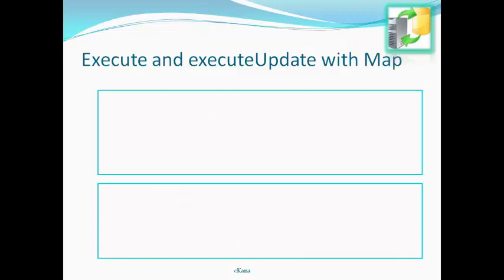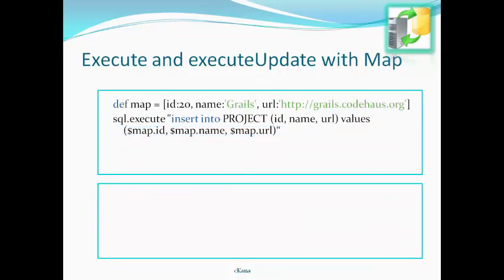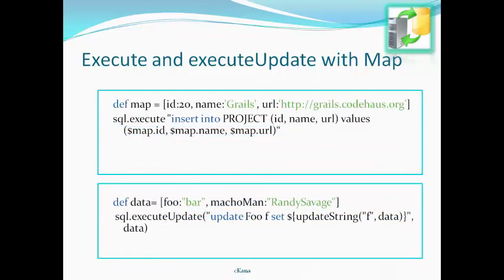Now, execute and execute update using a map. How is that different from the regular execute and execute updates? As long as your map keys have the same name as your object properties, you can use the execute update without specifying the individual property names with a closure function, like done in the following code.